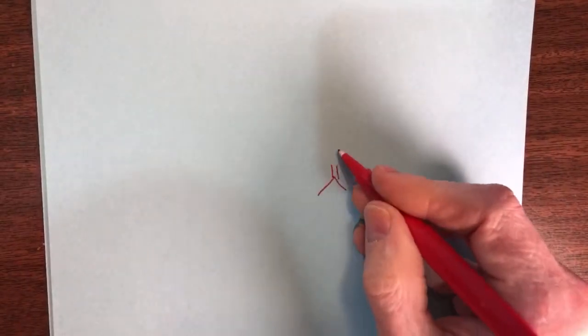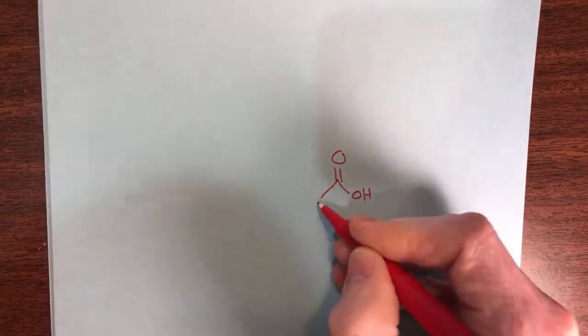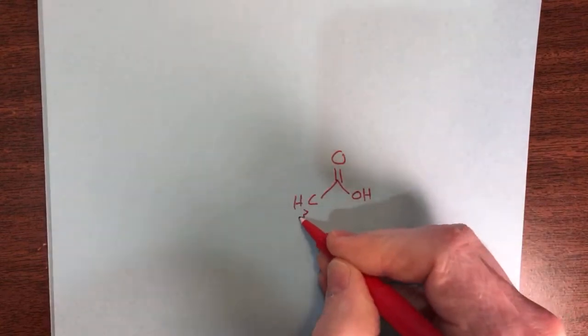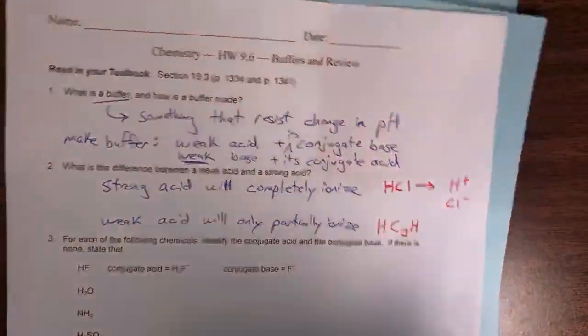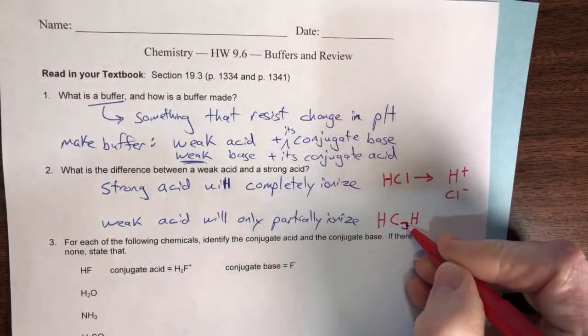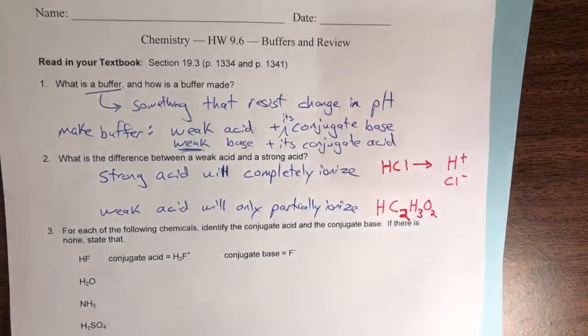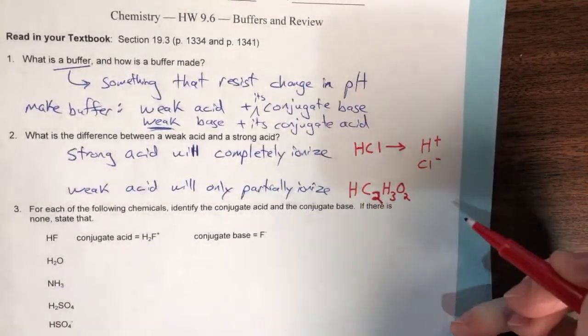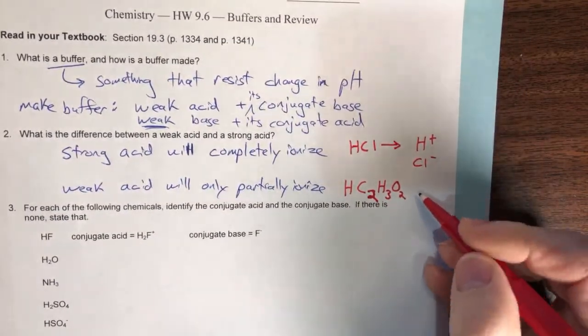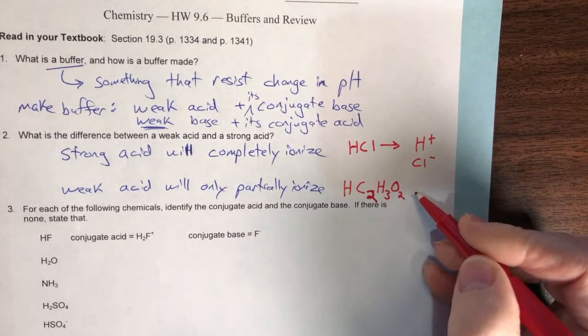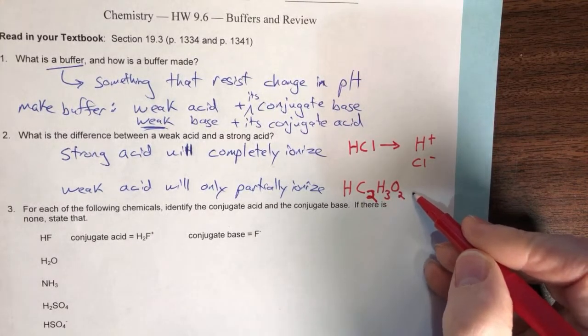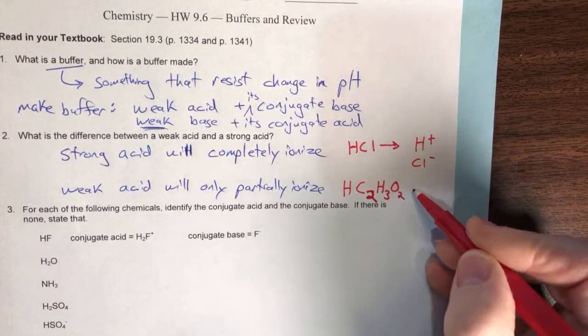I have to draw it out to see. Acetic acid is HC2H3O2. When you dissolve that in water, it's going to make only a little bit of H plus and acetate, right?